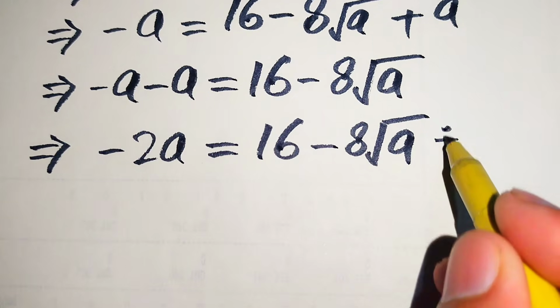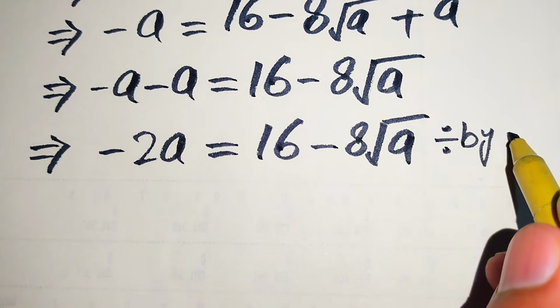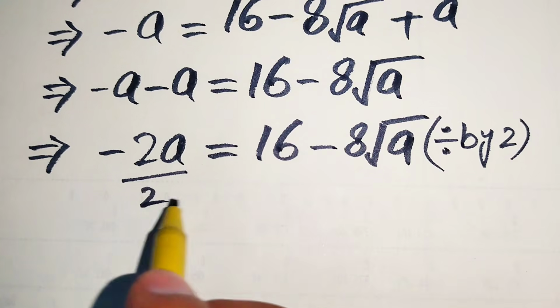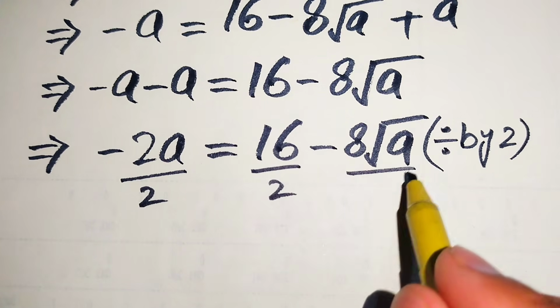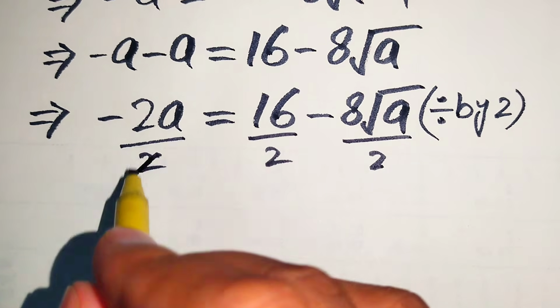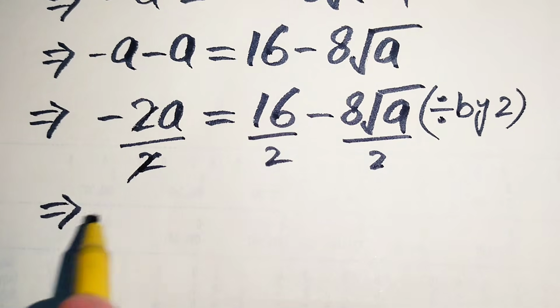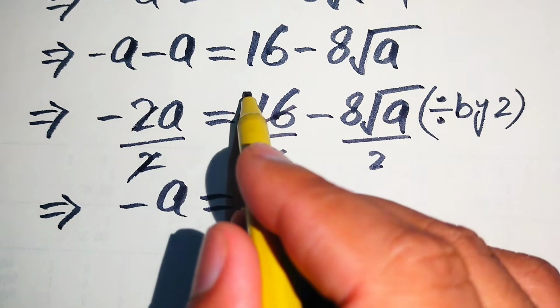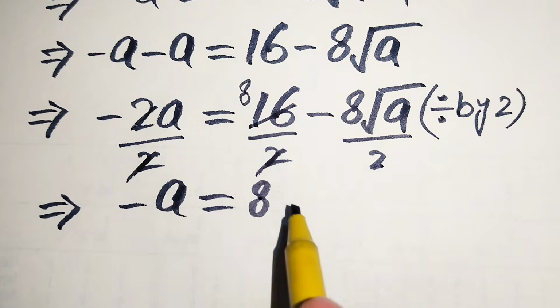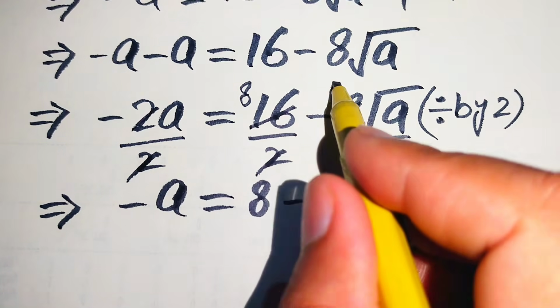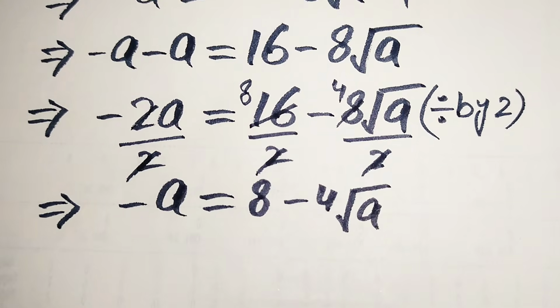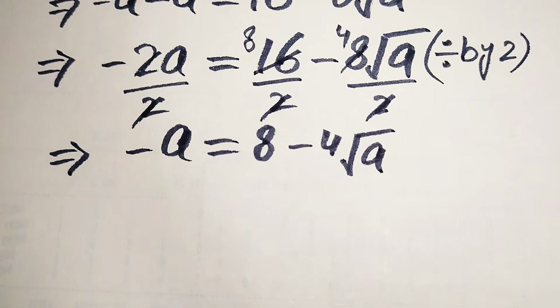For this we divide both of the sides by 2 on each of these terms. So when we divide each of these terms by 2, this 2 and this 2 are gone, and we obtain minus a is equal to 8 minus, this is 2 times 4 becomes 8, so we get 4 times square root of a.